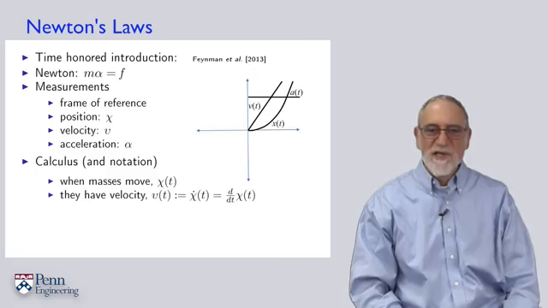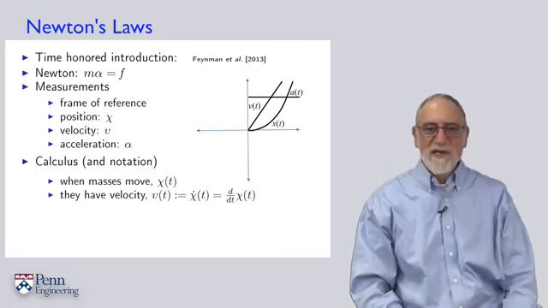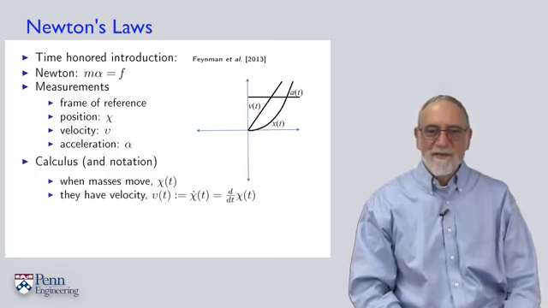So this equation says v of t, the velocity at any instant of time t, is defined to be, that's what this funny symbol means, chi dot of t, which is the time derivative, d by dt, of the position, chi of t.